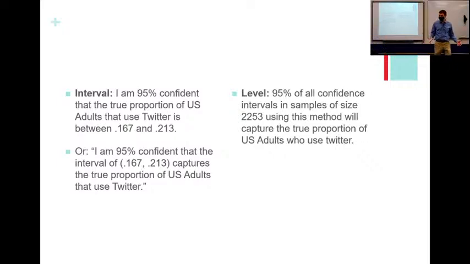So in other words, out of all the samples of 2,253, that was the sample size, of all the samples of that size that I could take, I could construct all of those possible confidence intervals. I just happened to pick this one. And what I'm saying is that 95% of all those confidence intervals is going to actually have the percentage of adults that use Twitter.